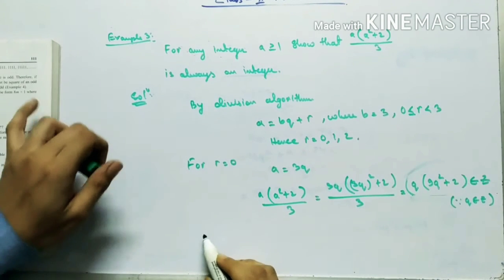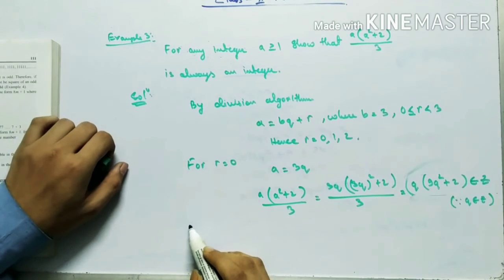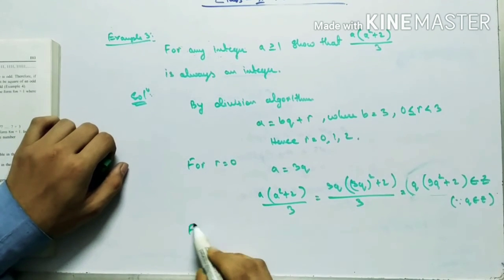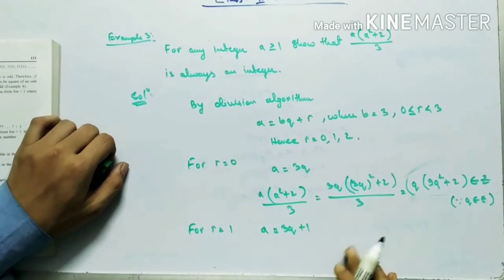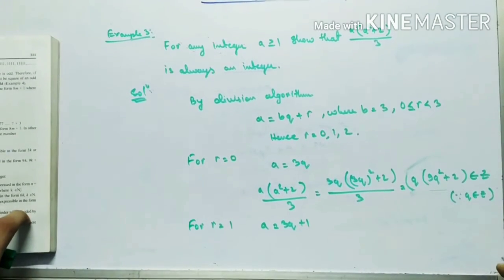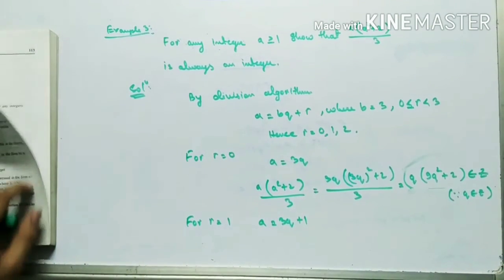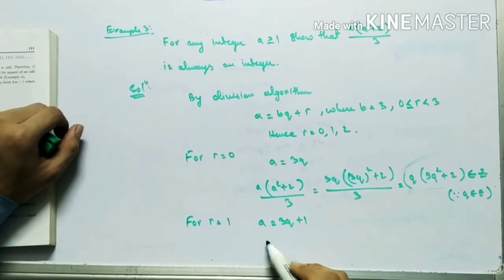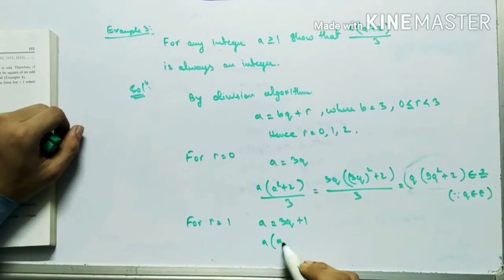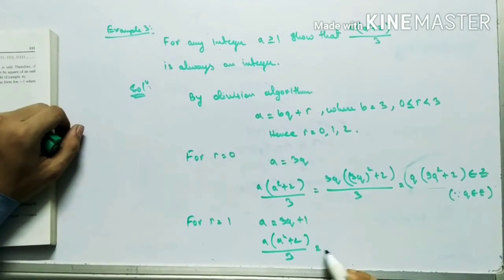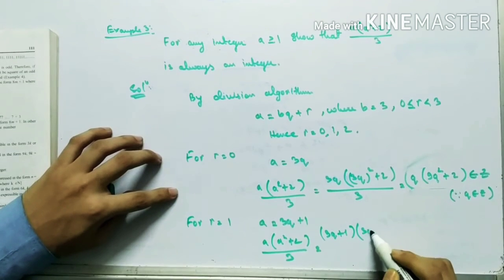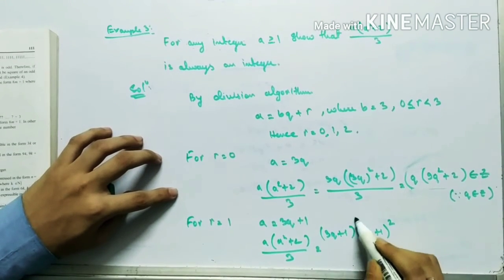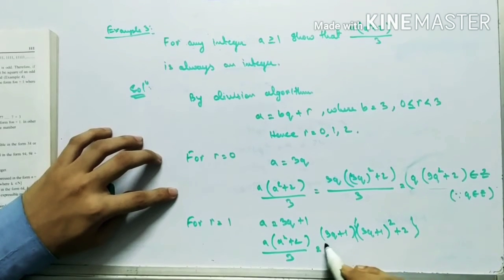Next, for r is equal to 1, we will get a is equal to 3q plus 1. Now again, in a square plus 2 by 3, the value of a is 3q plus 1, so this is 3q plus 1 the whole square plus 2 by 3.